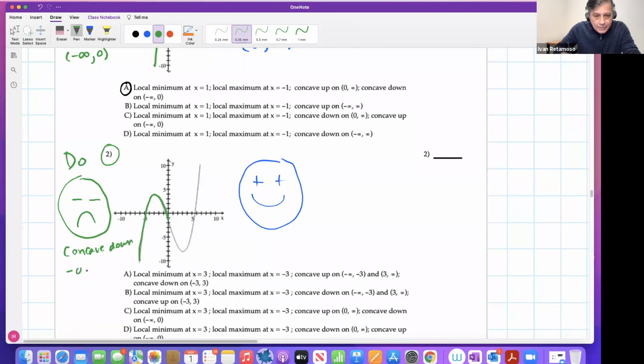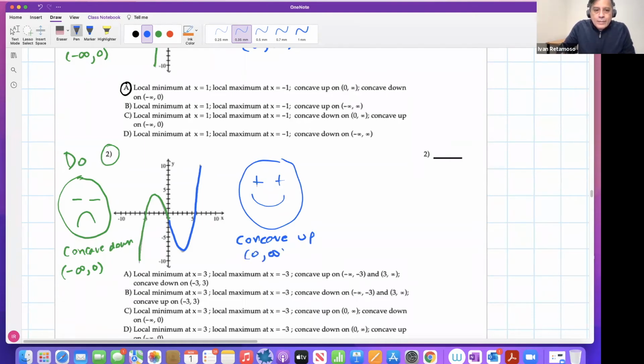So (-infinity, 0) is the interval for this graph being concave down. Similarly, if you continue from here, it's tricky, all the way here, this resembles the mouth of a happy face. So concave up, over the interval from 0 to the right to +infinity.